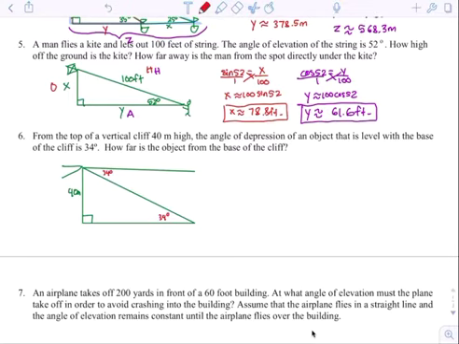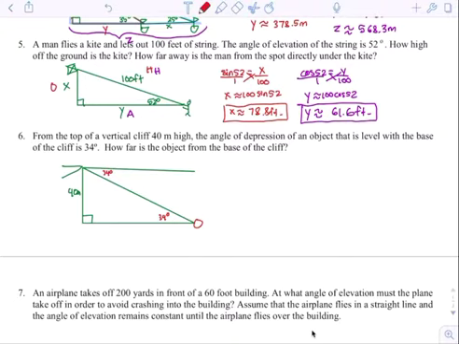How far is the object from the base of the cliff? So here's the object right there.